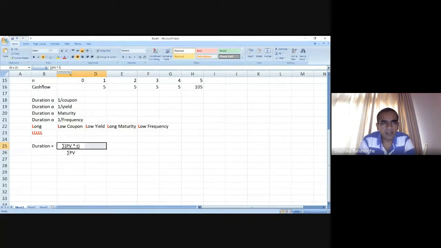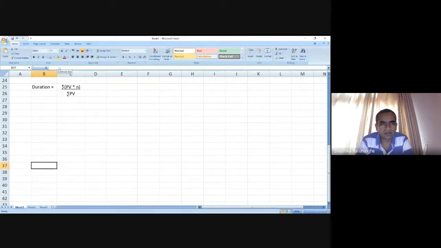Since we kept using n as the time period, I will put it as n instead of t. The question says a 4-year, 10% coupon bond selling at a price of 100, right?